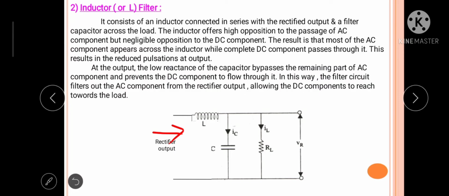The AC pulsations are blocked by this inductor, whereas DC components are passed through this inductor. Then, as usual, this capacitor charges with polarity, positive and negative, and in the next negative half cycle it passes the energy to this load output.